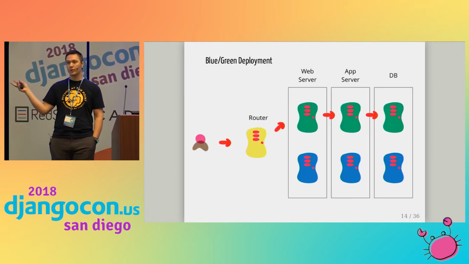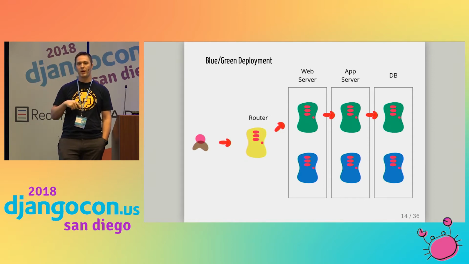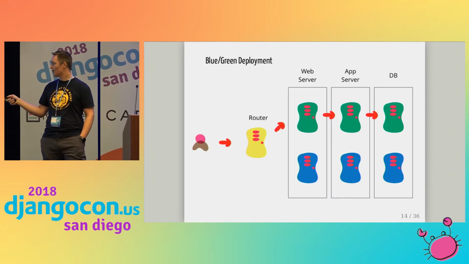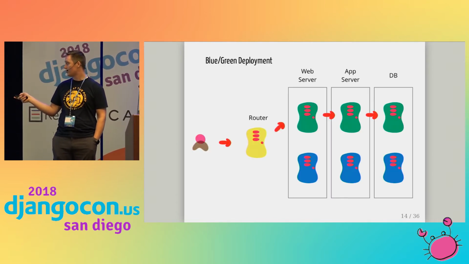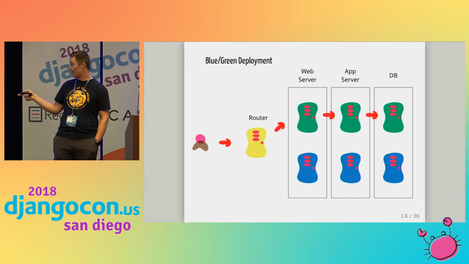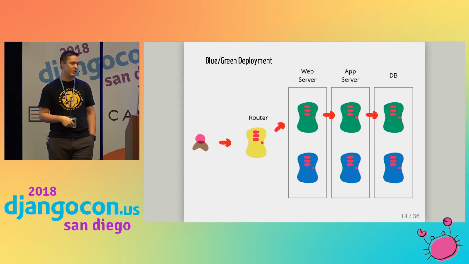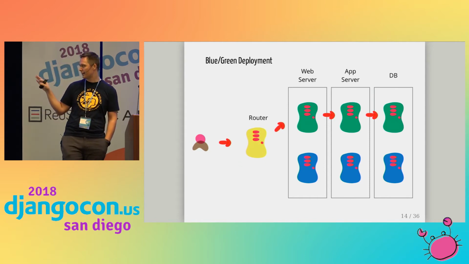In the blue-green deployment, it almost looks like backwards compatibility isn't an issue because your client, the web server, is talking to your app server, which is talking to its database. So if you swap all of them at the same time, there's no backwards compatibility issues. That's kind of the misconception that blue-green tells us.